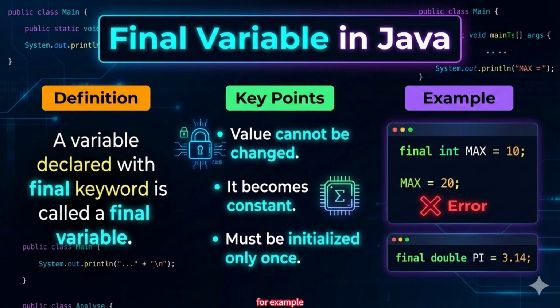For example, final double pi is equal to 3.14. Final int max is equal to 10. Once assigned, these values can never be modified. If we try to change them, Java will give an error. So final variables are used to create constants.